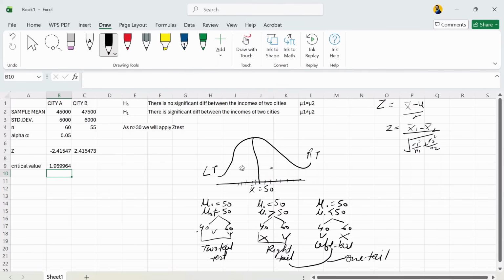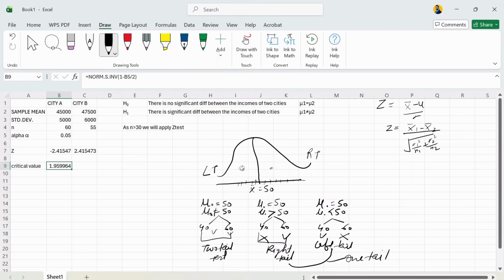So now in our question, as you can see, I have mentioned above as well, mu1 is equal to mu2, mu1 is not equal to mu2. That means this is a two-tail scenario, right? Two-tail case. If it is a two-tail case, in the formula we have written normal distribution inverse of 1 minus alpha divided by 2, because this is the significance level, right?